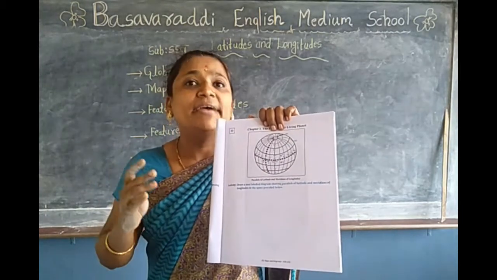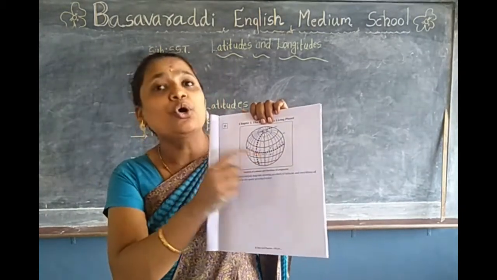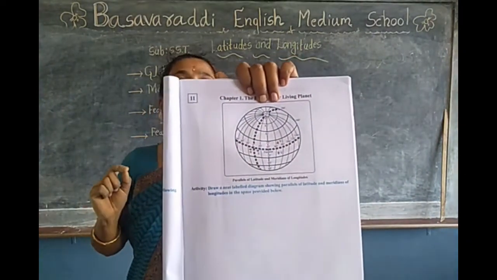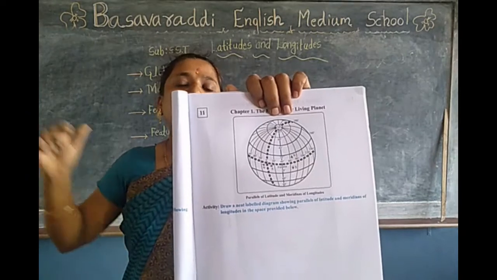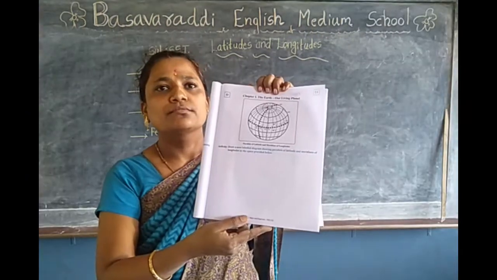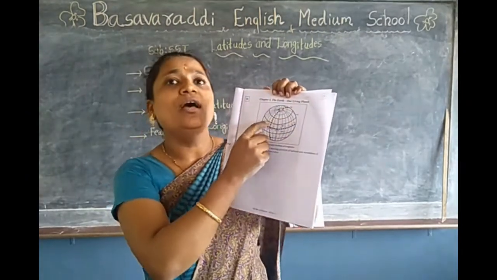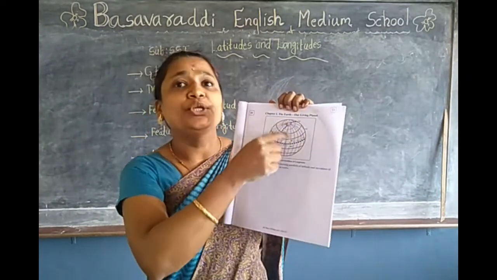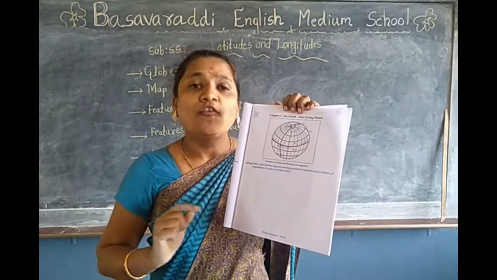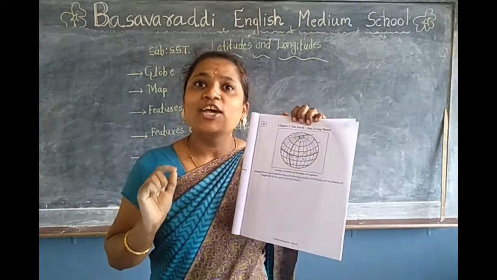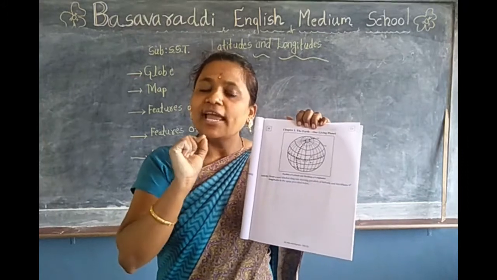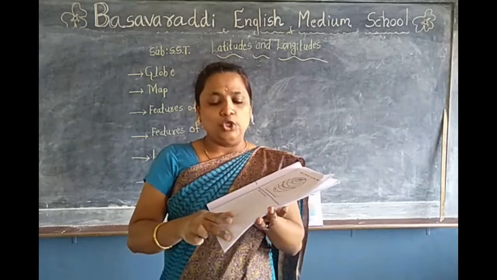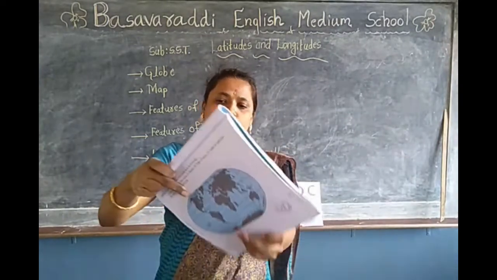Last point, the meridians also help us to know the time of a place. If we know the latitudes and longitudes of a place, we can find out its exact position on a map or globe.